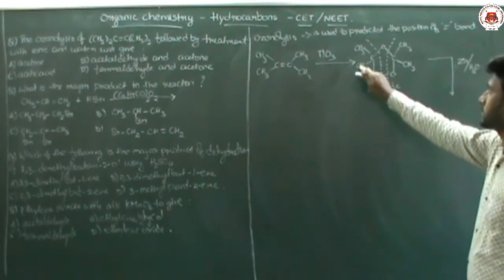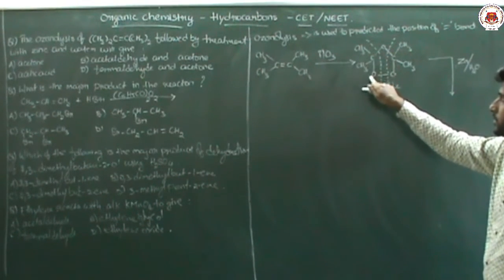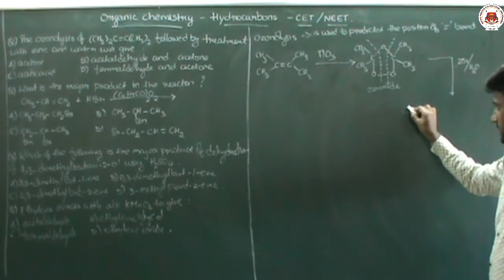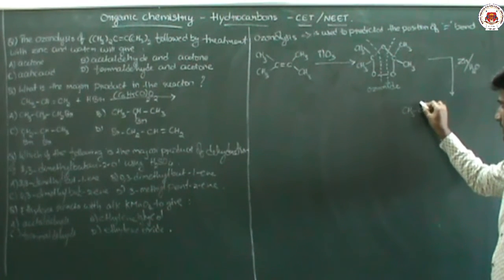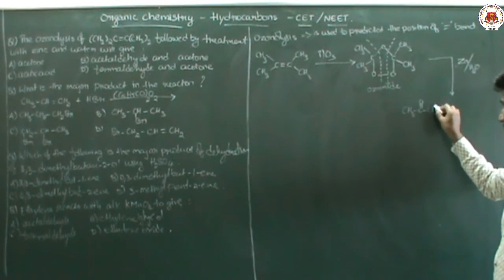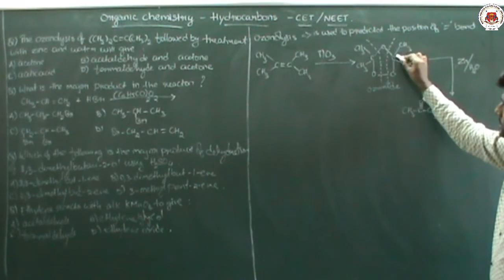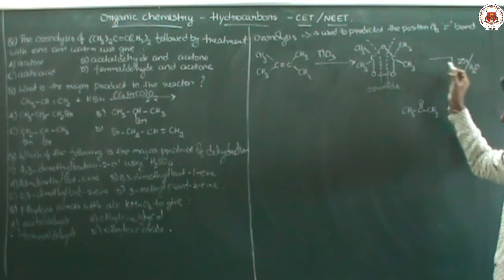So what do you get here? CH3 C double bond O CH3, plus CH3 C double bond O CH3.